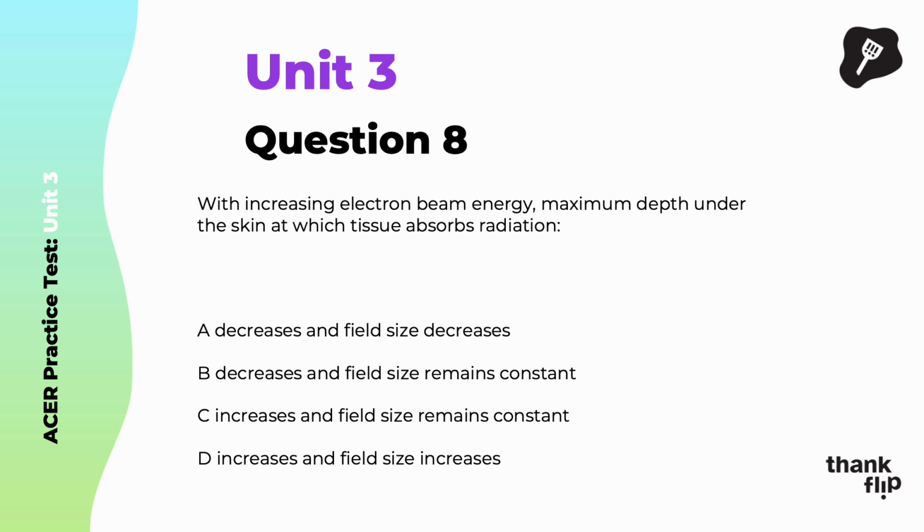All right, so just looking at the stimulus, we're given some information about an electron beam and radiation. We're also given a diagram that shows how deep this electron beam goes. So this electron beam is in terms of radiation therapy for cancerous tumors.